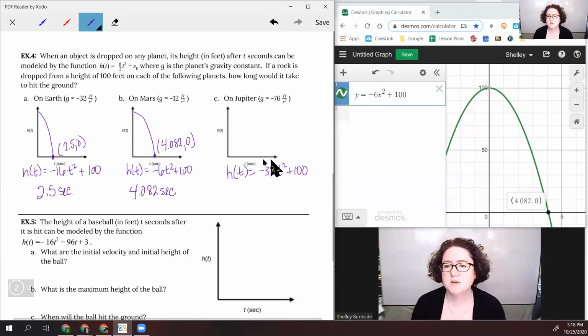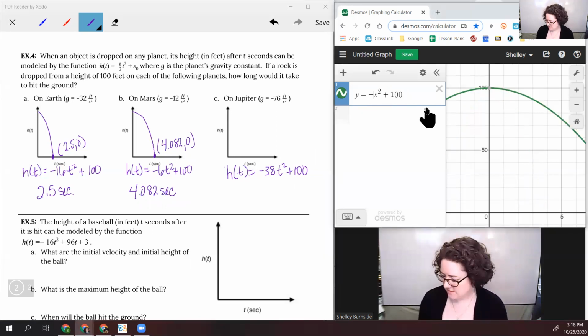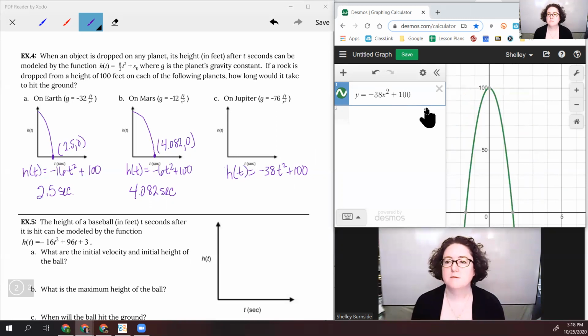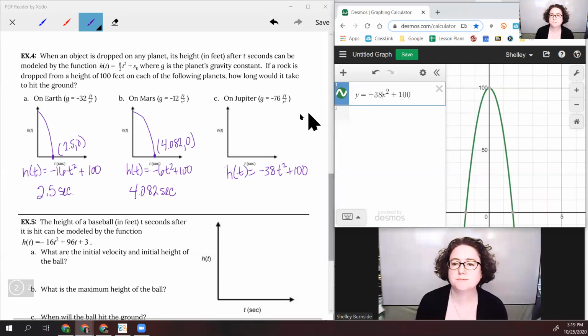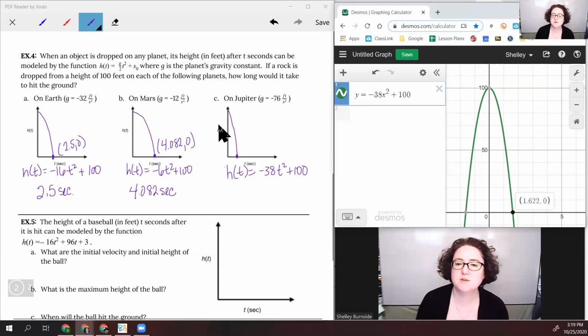And so what's the graph going to look like if we throw a negative 38 in front instead of the negative 6? Very skinny parabola, even skinnier than what we had in part A. So again, I probably could have spread these out a little bit more, but these are just sketches to give us a rough idea of which points we're talking about and just to give us a frame of reference.